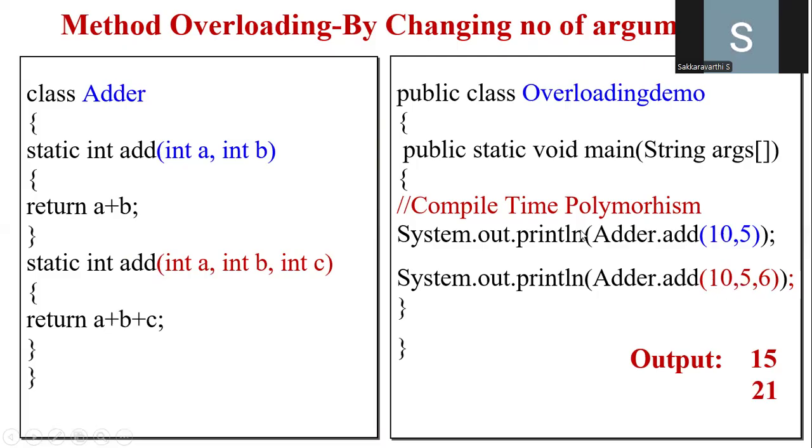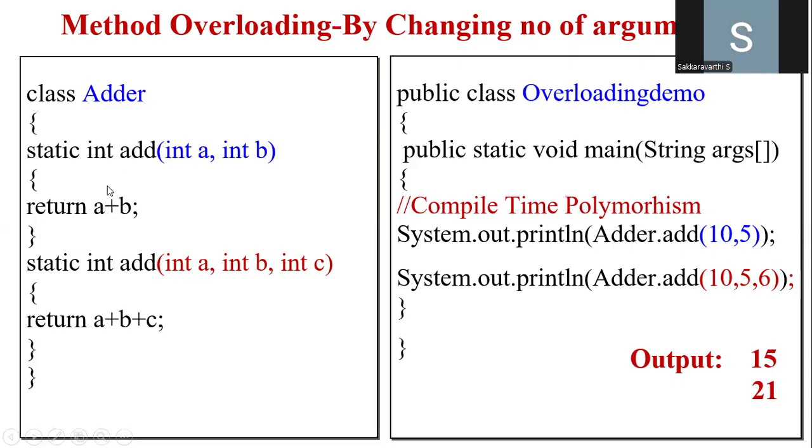So this is said to be compile time polymorphism, because the binding of the method call with the method body is determined at compile time. A very good example of compile time polymorphism is method overloading.